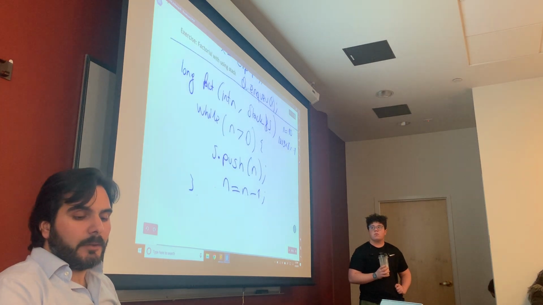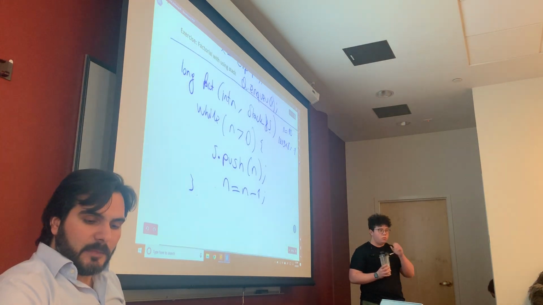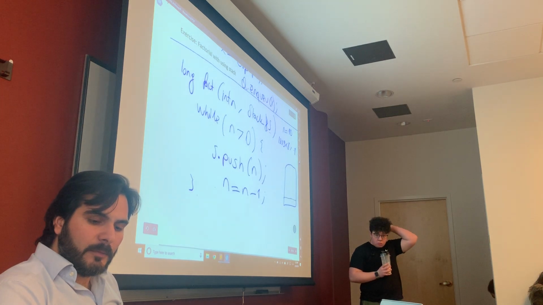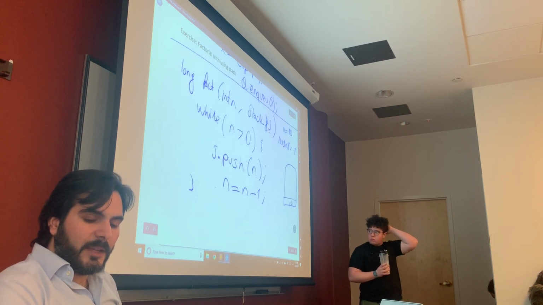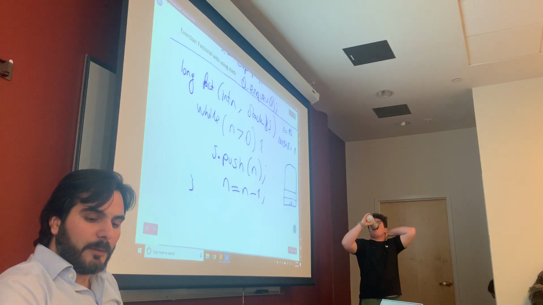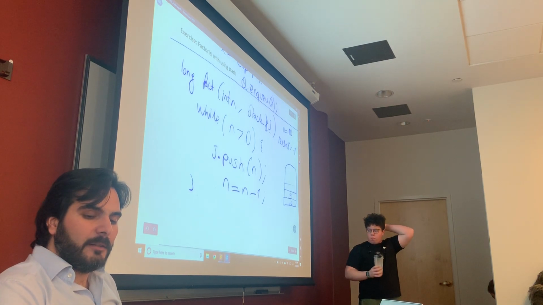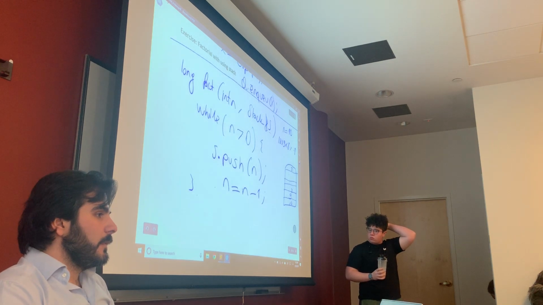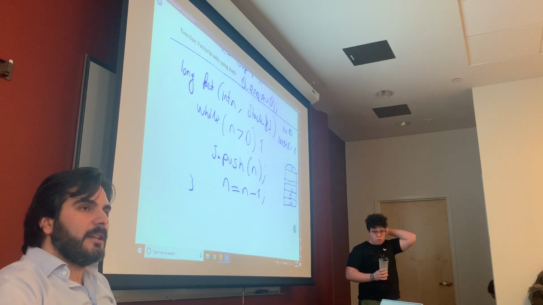So what did I do here? I basically said, okay, this is my stack. I have the value 10. In the first step, put 10 here. Now n is equal to n minus 1. If I put it again, I will put 9 here, 8 here, and then in the end, just 1. So I have all the values in a stack.